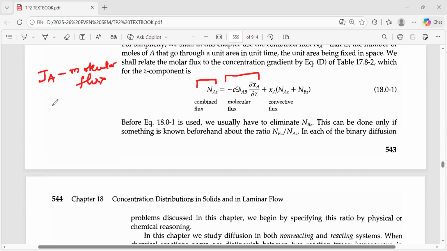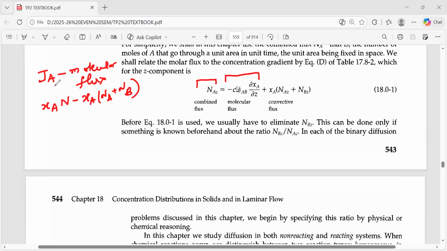Then comes the convective part. That means XA into the total flow of the total mass. So N total into XA will give me the total mass of A. This can be written as XA into NA plus NB.